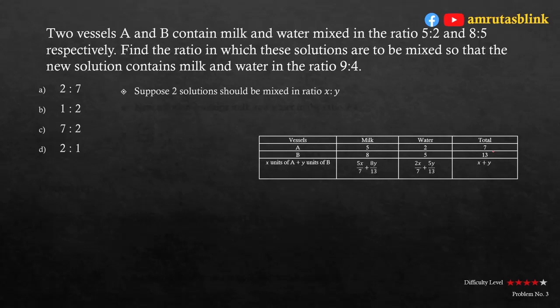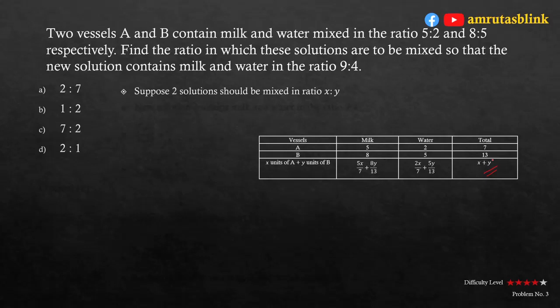Now what do you mean by this ratio is you need to take x units of mixture A plus y units of mixture B. So your total quantity of the mixture will be x plus y, where x is the quantity of mixture from vessel A, and y is the quantity of mixture from vessel B.